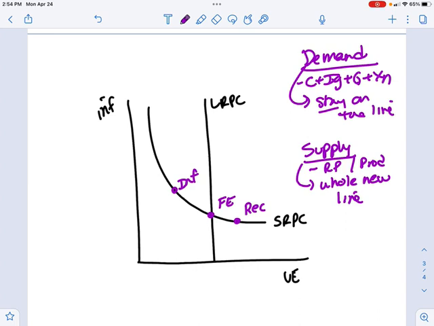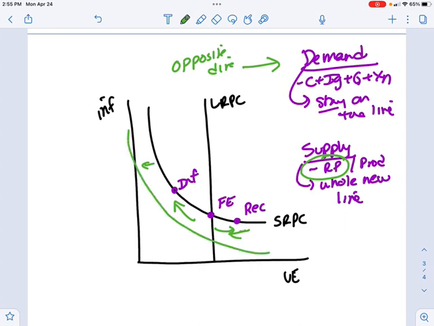Remember with both of these, they move in opposite directions, right? So if you have a demand shift to the right, then you're shifting to the left on the line. A demand shift to the left, you're shifting to the right on the line. If resource prices come down and you're shifting short run aggregate supply to the right, then your short run Phillips curve would be shifting to the left.